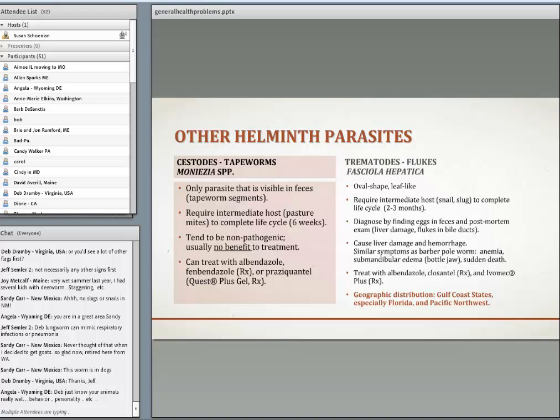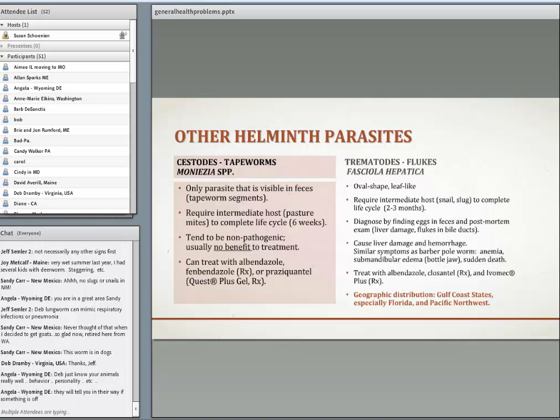Fenbendazole or Safeguard, if you increase the dosage, which makes it prescription, can be effective against tapeworms. The best drug for tapeworms is called praziquantel, and the only way to get this drug is in a horse dewormer called Quest Plus, and once again that would be prescription.